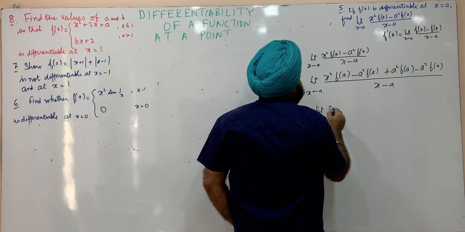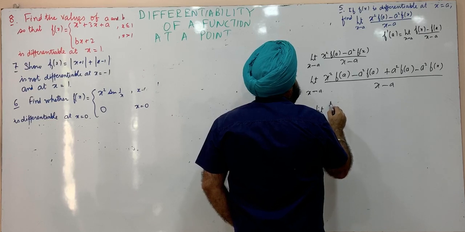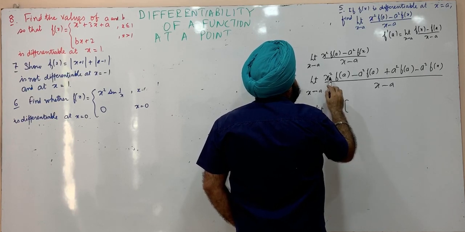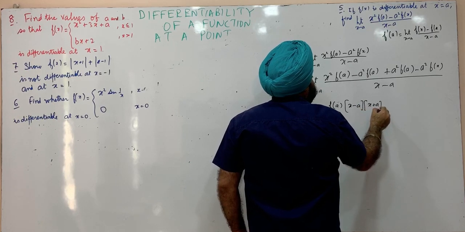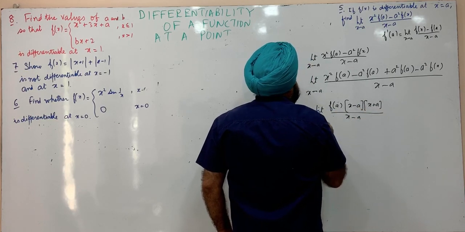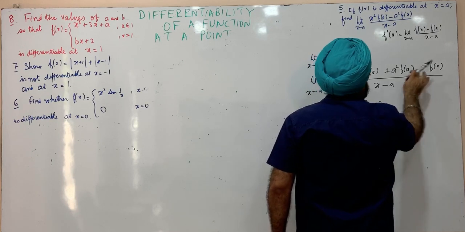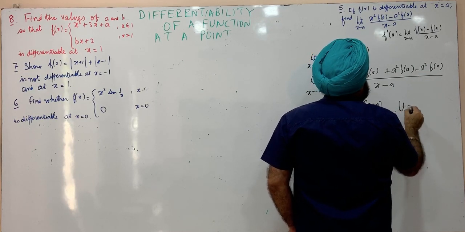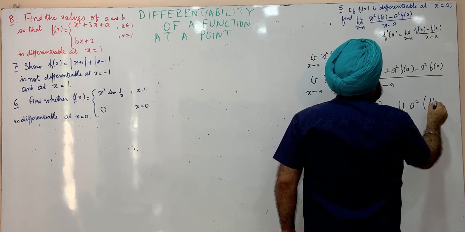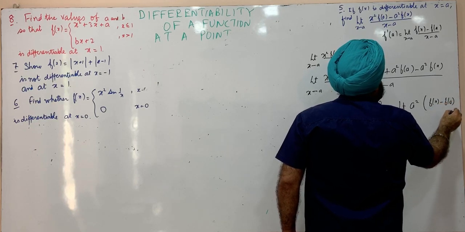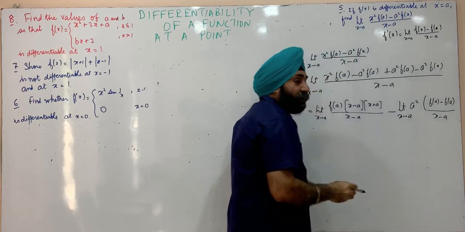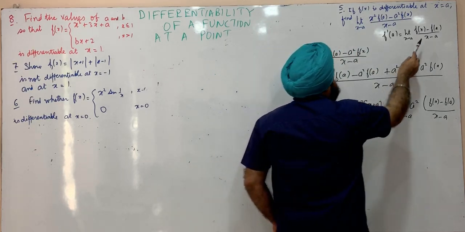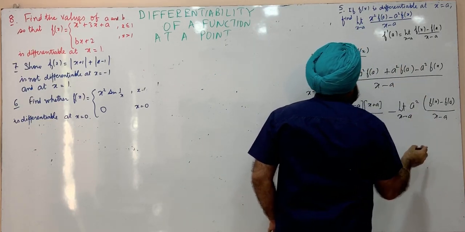This is now the limit, from the first two terms f of a common. X square minus a square is x minus a into x plus a as x approaches a, and from these two I am taking a square common. It's f of x minus f of a upon x minus a as x approaches a.